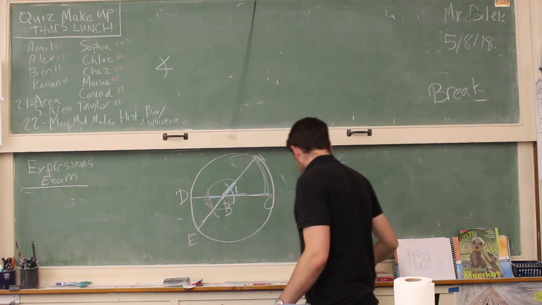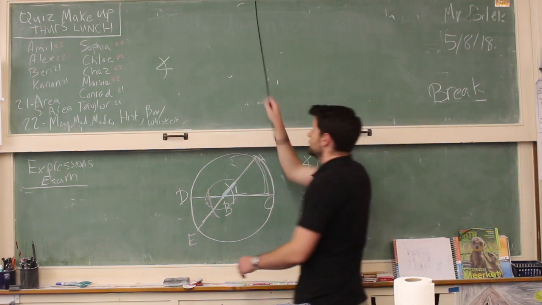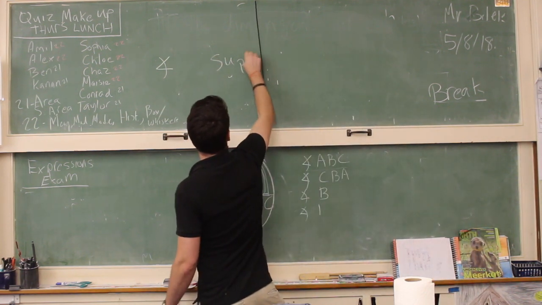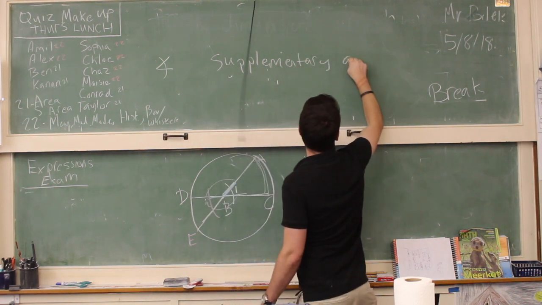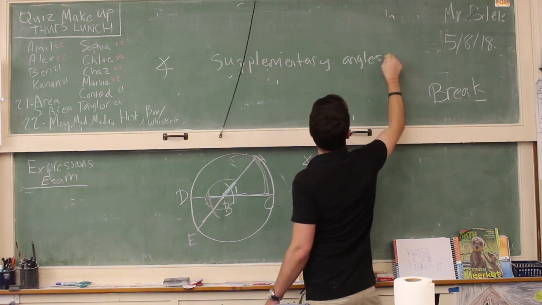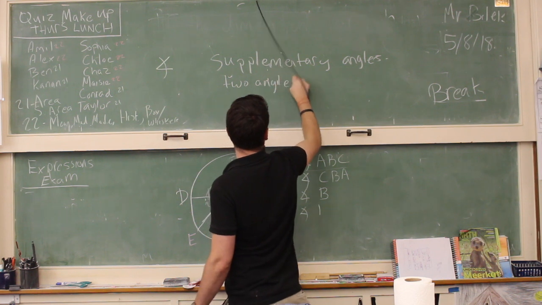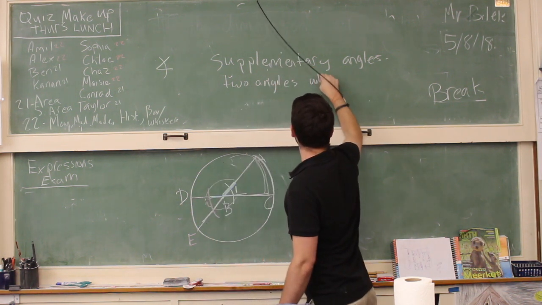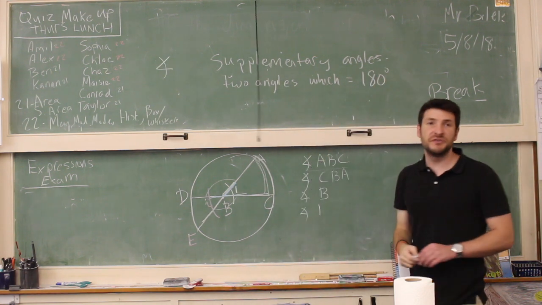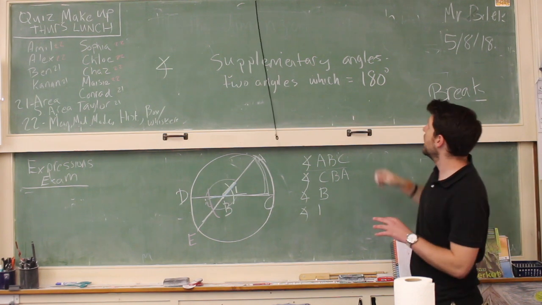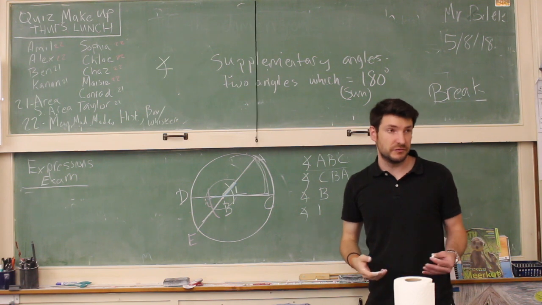Two angles that equal 180 degrees are called supplementary angles. Two angles that when you put together their sum, when you add them together, their sum is 180 degrees.